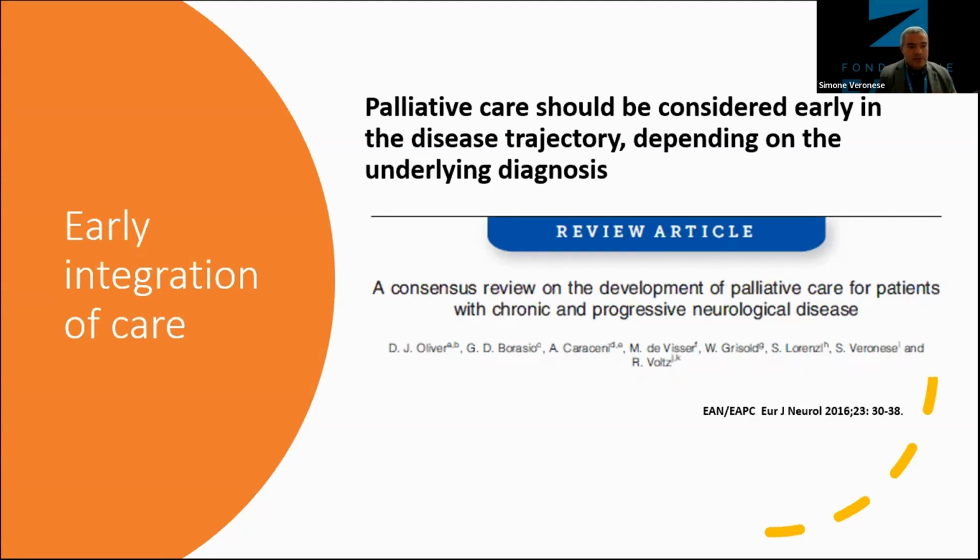This recommendation says it depends on the underlying diagnosis, because this paper is on neurology overall. But in ALS, we know that it's probably one of the disorders where we have more evidence that an early intervention can have a better outcome in terms of improving quality of life and helping patients and families cope with this disease.